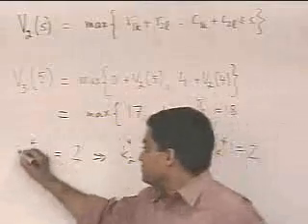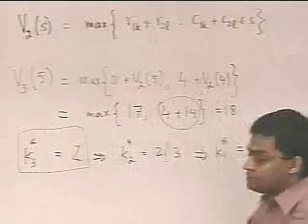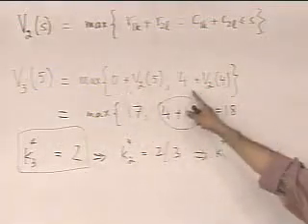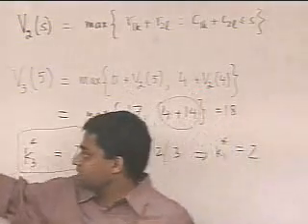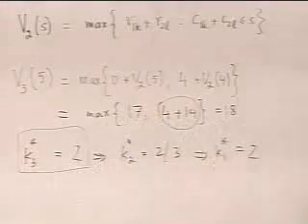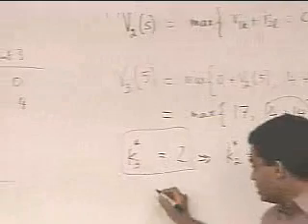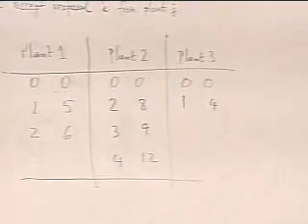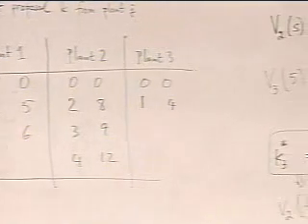So this part is easy. This comes from saying that I chose this over that. So the best thing to do is not to spend 0, but to spend 1, which means that in K3 star, the optimum thing to do in plant 3 is to select this project. So K3 star is equal to 2. If you select K3 star equal to 2, this implies that the amount available for the plants 1 and 2 is going to be $4 million.